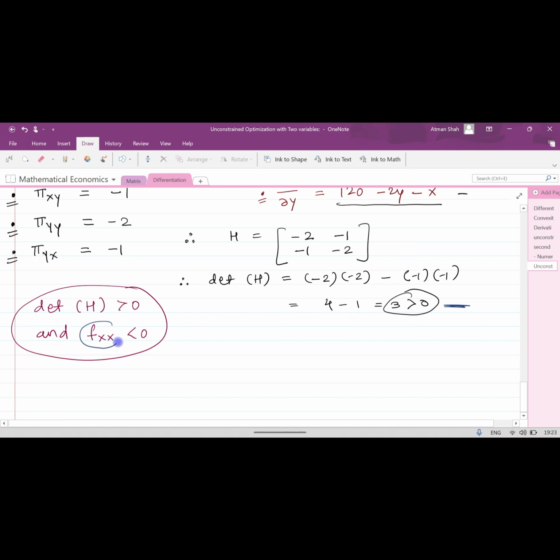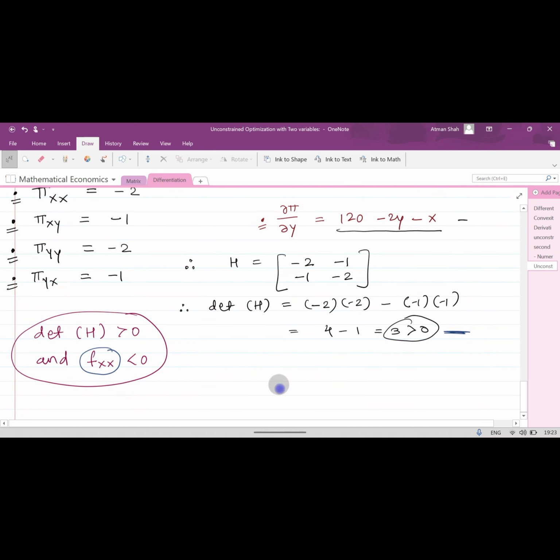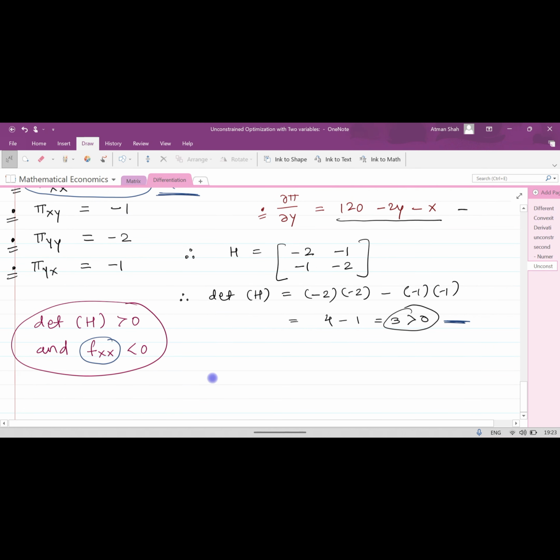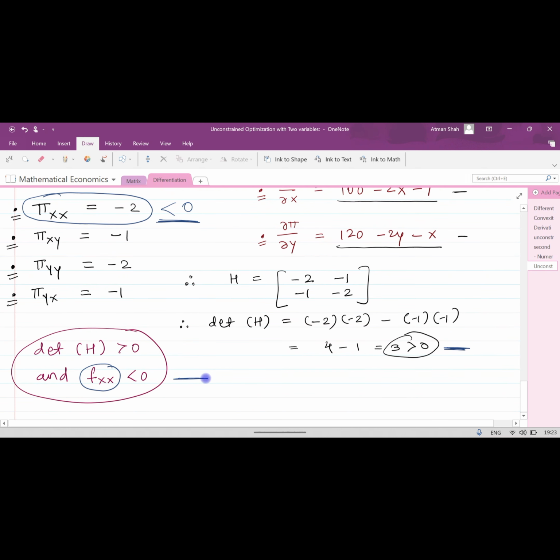Now fxx means the differentiation of the given function with respect to x and again x. So here it is pi xx, the differentiation of the profit function with respect to x and then again with respect to x. So it is minus 2, which is less than 0. So therefore this function is maximized since this condition is fulfilled.